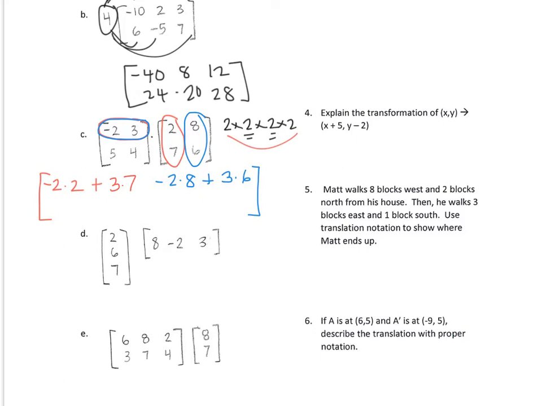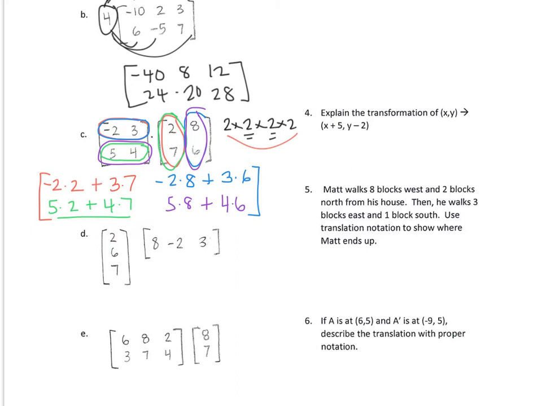And the next element right here, you're going to multiply the second row by the first column. So it's going to be 5 times 2 plus 4 times 7. And then the last one, you're going to do the second row, second column. So it's going to be 5 times 8 plus 4 times 6.